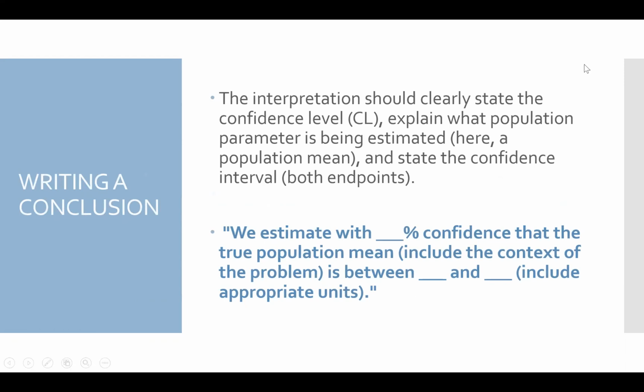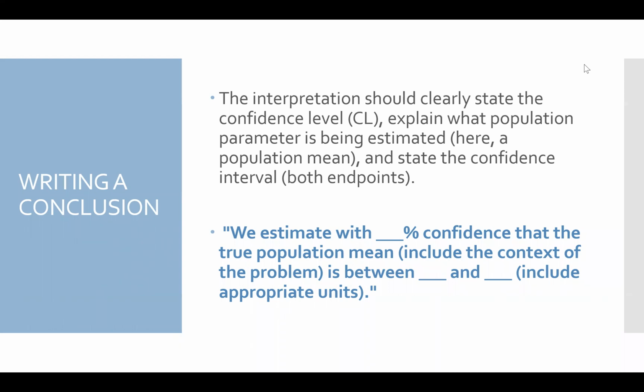There is a very specific way, especially if you're writing like a journal article or some kind of report. They usually use like an APA style. And so there are specific details and a specific way to state the conclusion. And that interpretation or the conclusion should always indicate your confidence level, what population parameter is being estimated, and what that interval is. And so I've given you here the exact phrasing that can be used.